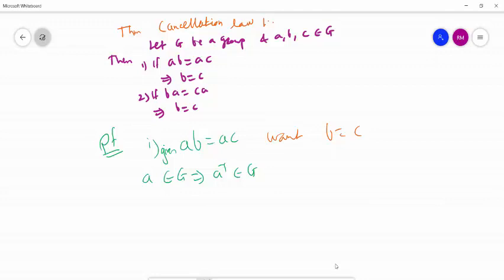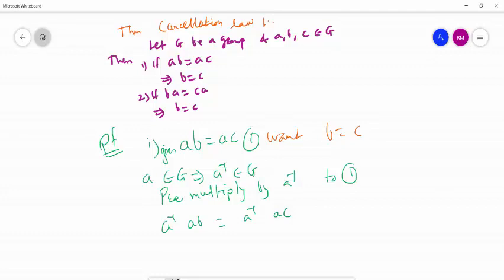So pre-multiply by a inverse. So we get a inverse ab equals a inverse ac. By the associative property, we can give the bracket here.